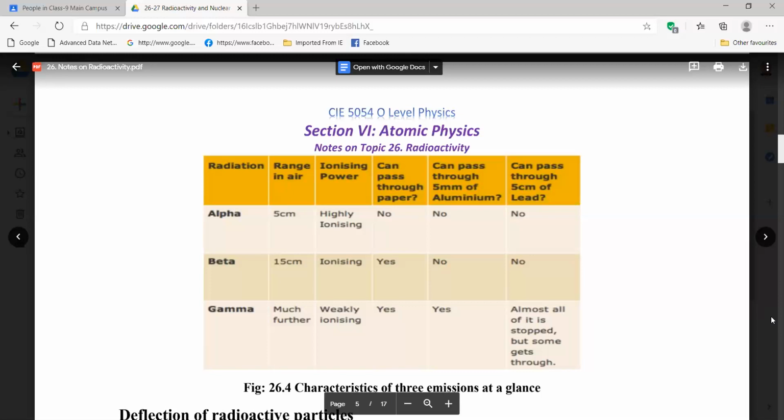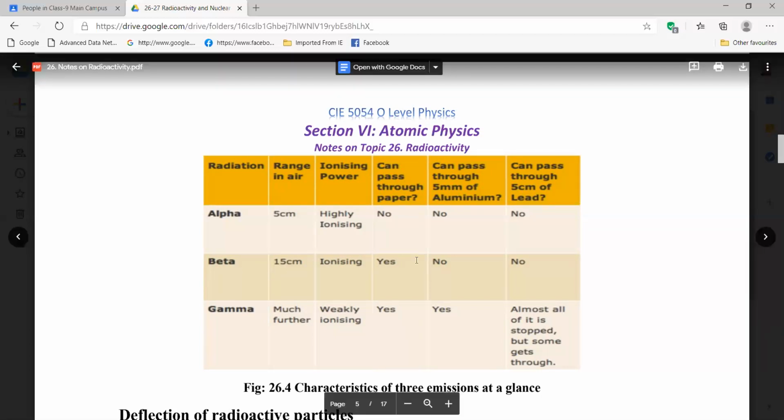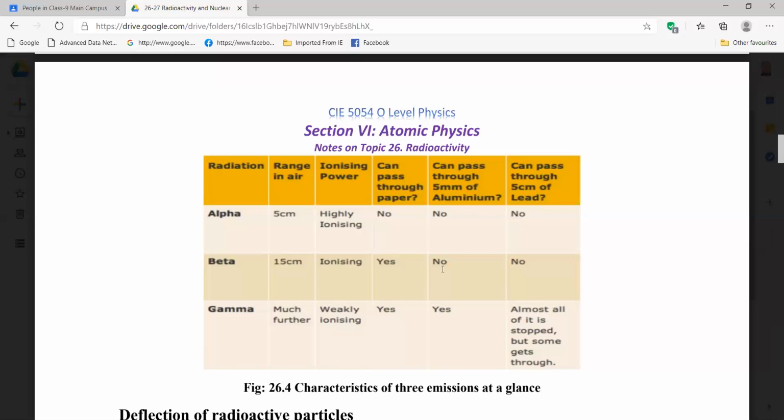So you should memorize it. This one is given in short, everything is there. That means alpha has least penetrating power, right? It cannot even pass through paper. Then beta can pass through the paper, but it cannot pass through aluminum.